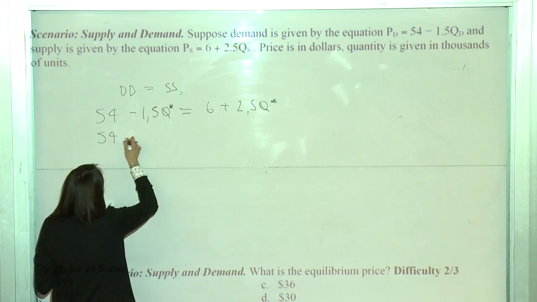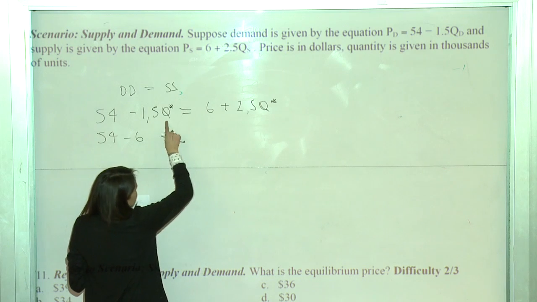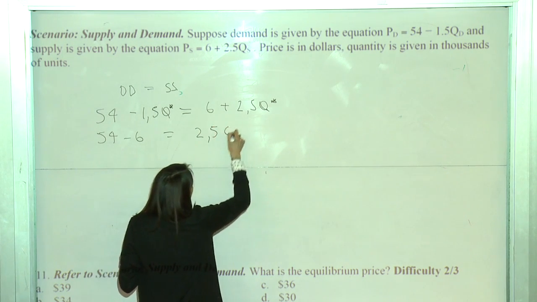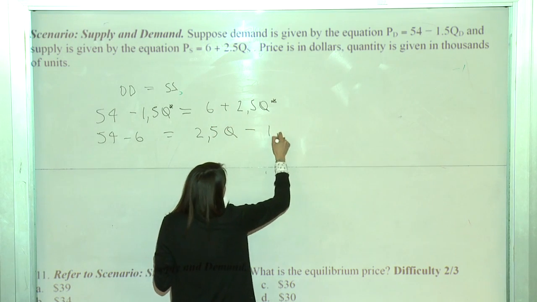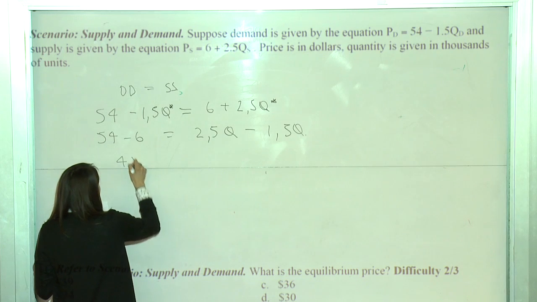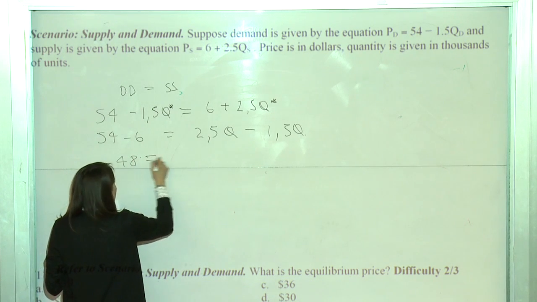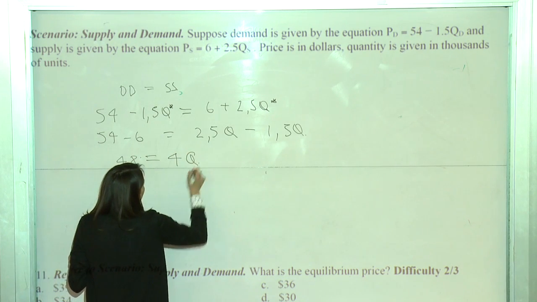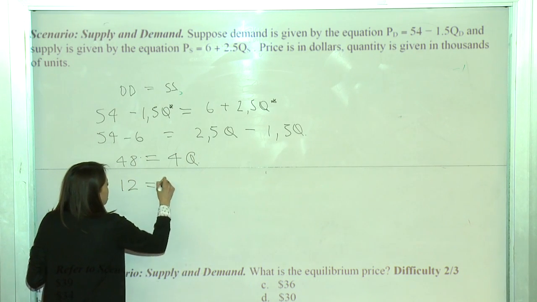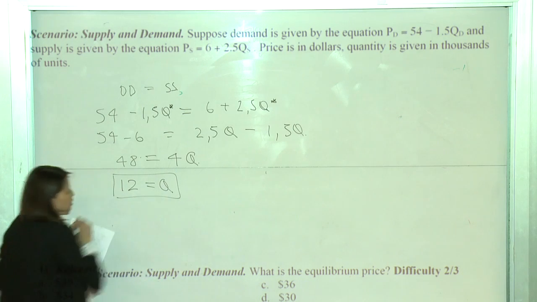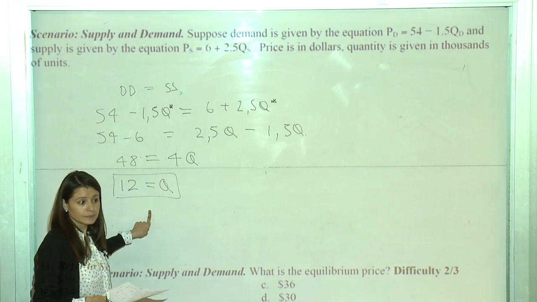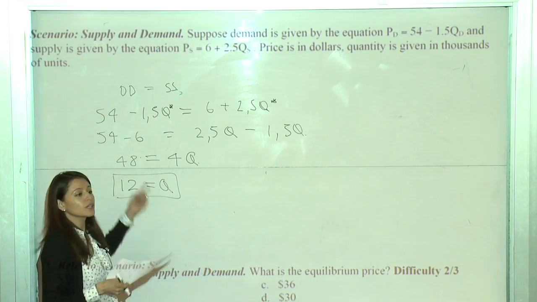54, these 6 come here, and the quantities go, both are on the same side. 54 minus 6 is 48, equal to 1.5 Q plus 2.5 Q, which is 4Q, then the quantity is 12, right? How do you find the price with this? You plug it in one of the equations.